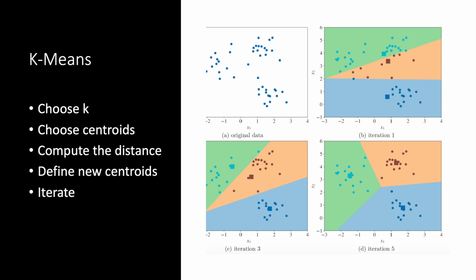In this picture here, you can see one run of the k-means algorithm. The circles are two-dimensional feature vectors, and the squares are moving centroids. Different background colors represent regions in which all points belong to the same cluster.